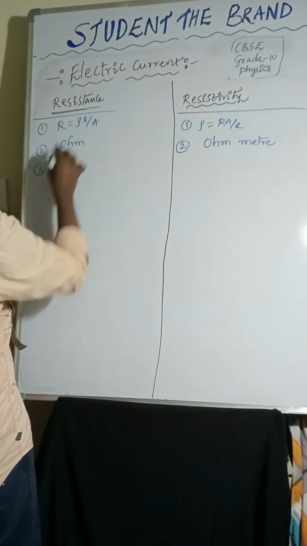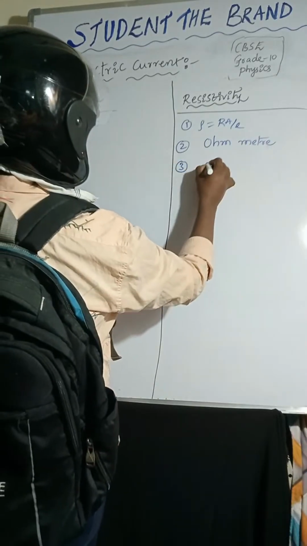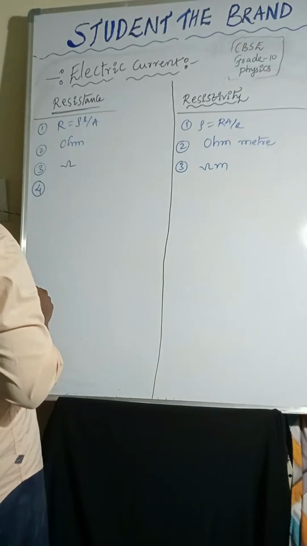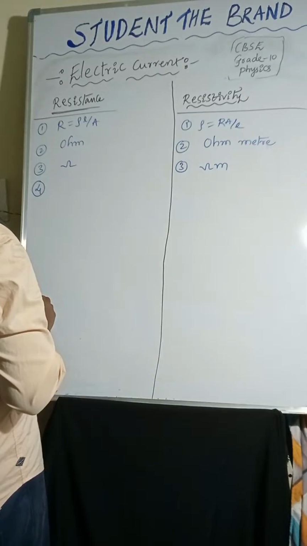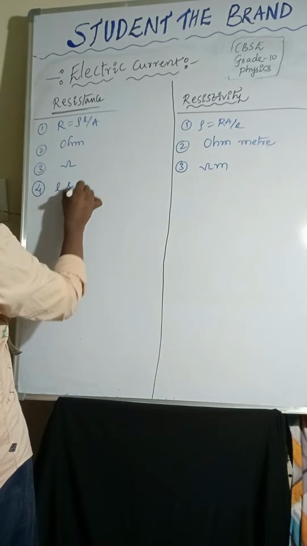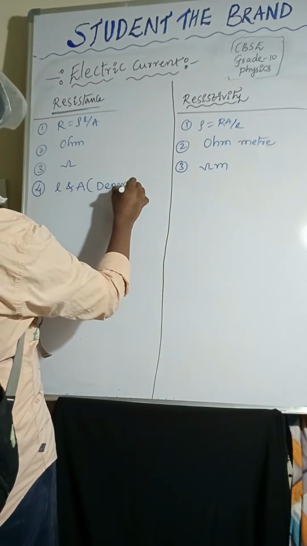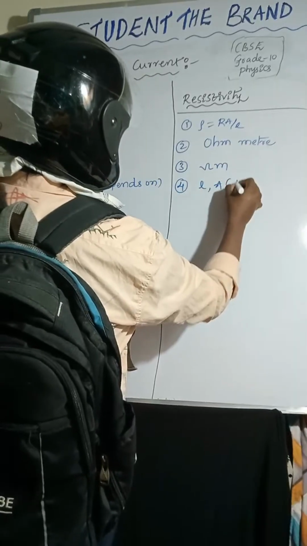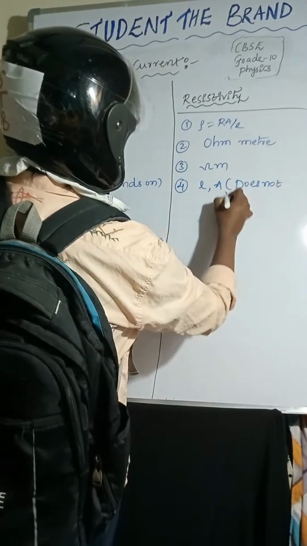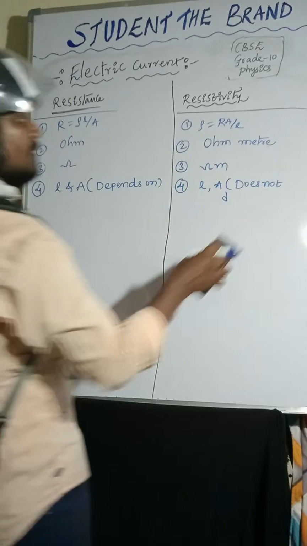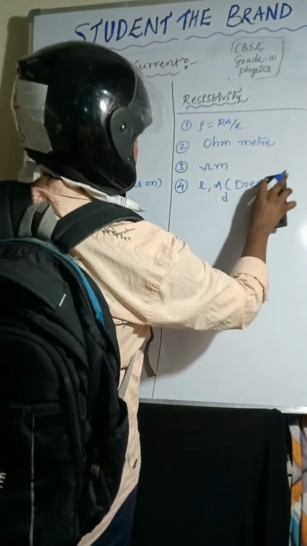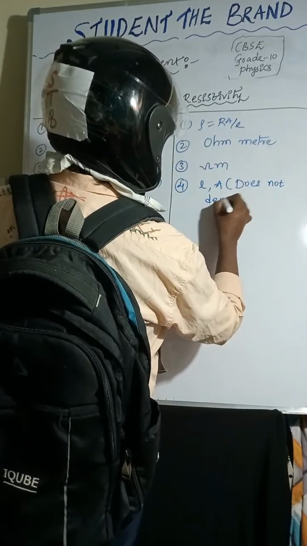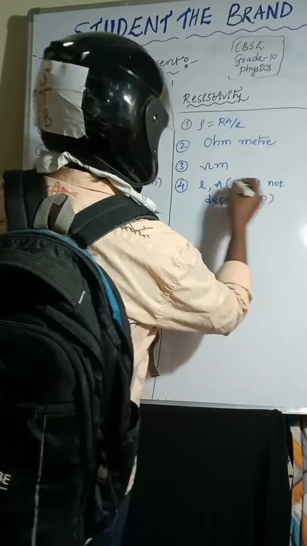Coming to the third one, symbol. Coming to the fourth one, resistance depends on length and area, whereas resistivity does not depend on length and area.